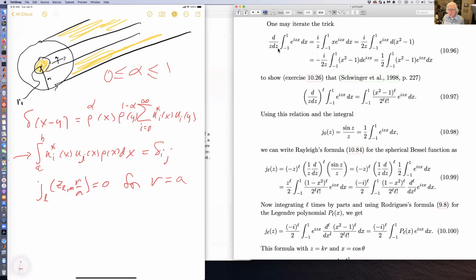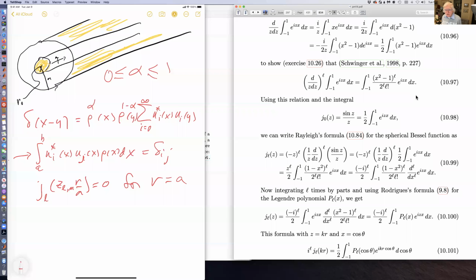Well, so this was one of Schwinger's million tricks. What you can then do is write 1 over z d by dz to the nth power acting on this integral, which gives you this expression. And that's quite plausible.